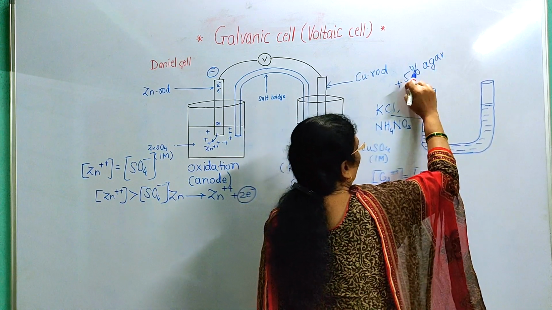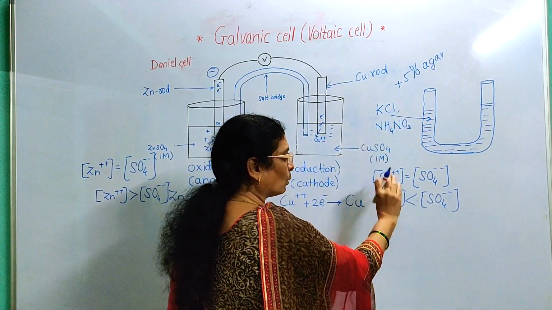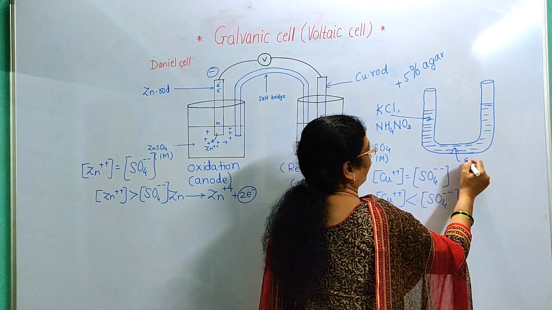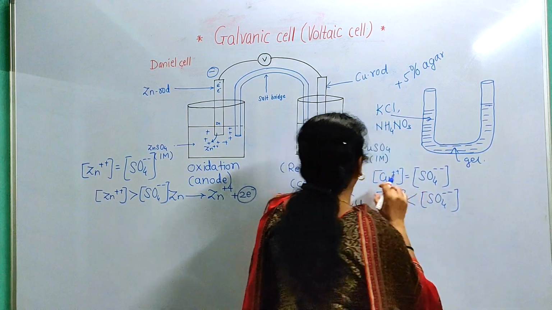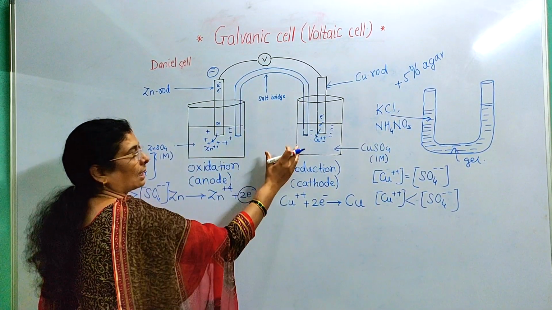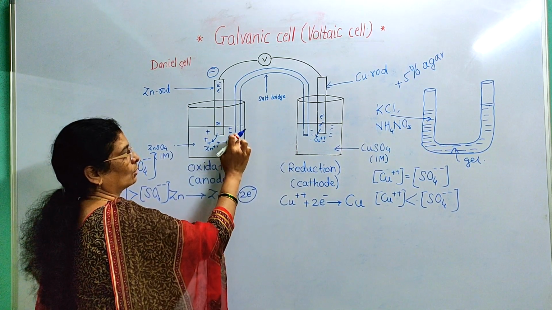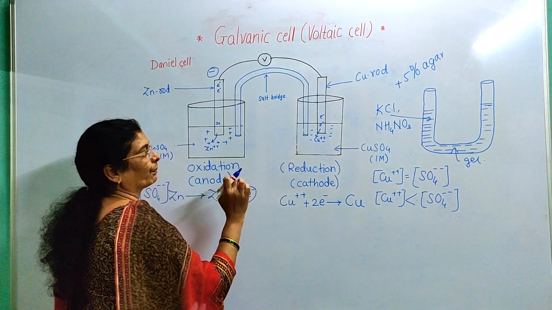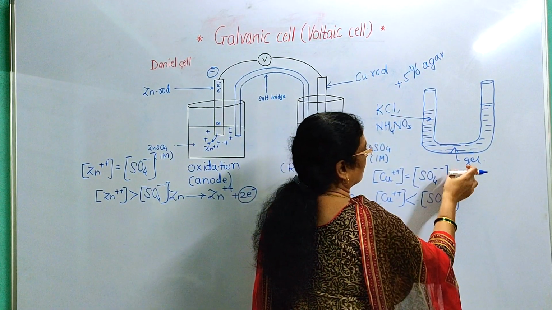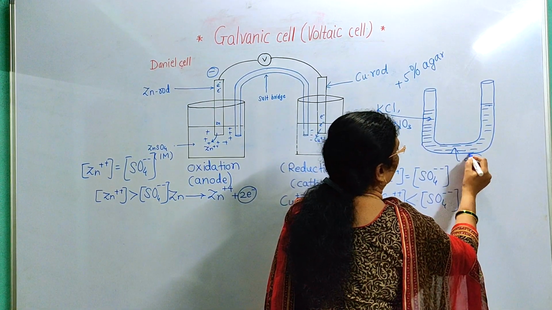In the hot solution, if you add the agar powder, after cooling you obtain a gel-like structure. Because we have to dip the tube by inverting it, if you take only KCl solution, the solution cannot remain in the U tube. And so agar powder is used. By using this powder, the solution is converted into gel.